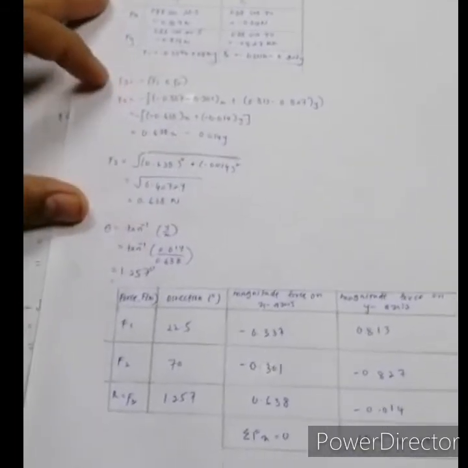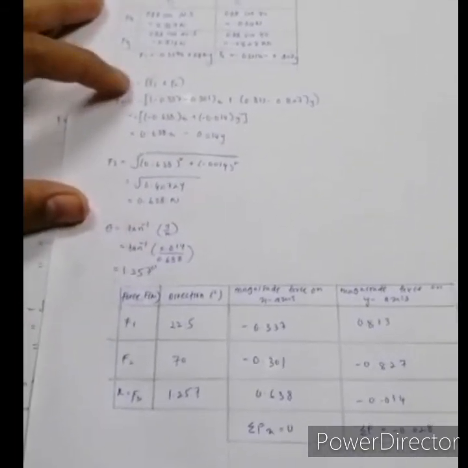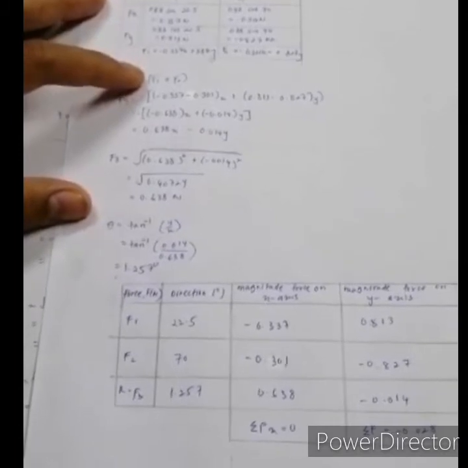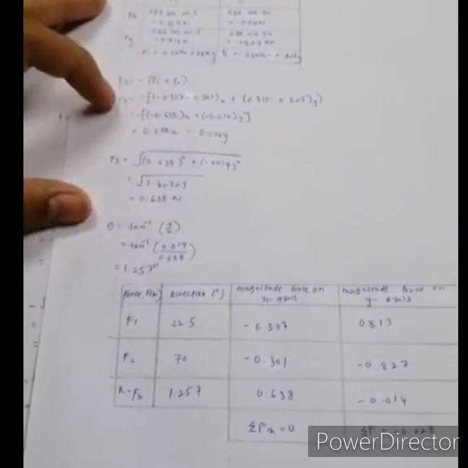To find F3, F3 is negative the bracket F1 plus F2 bracket.